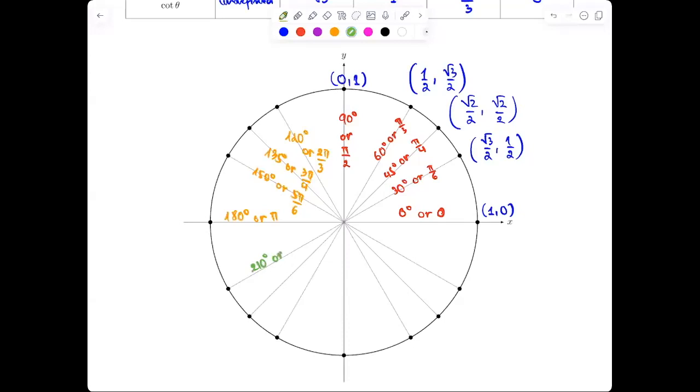Or this is 7 pi over 6. Then 135, you add 90 degrees, you get 225 degrees. Or this is 5 pi over 4. And then 150, you add 90, you get 240.